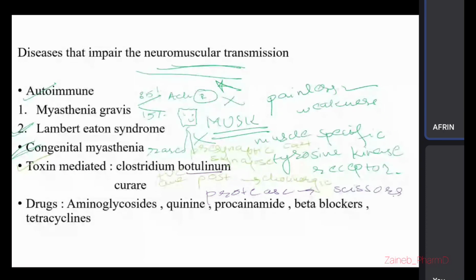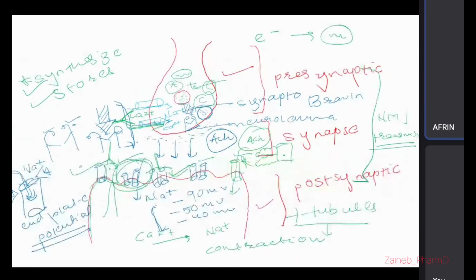This protease enzyme will digest the synaptobrevin. As a result, the membrane of the vesicle won't be able to fuse with the neural membrane. There will be no release of acetylcholine in the synapse, and the neurotransmission will be impaired.